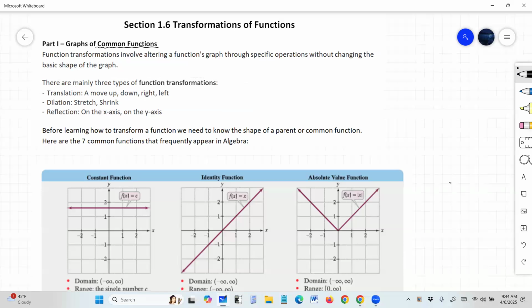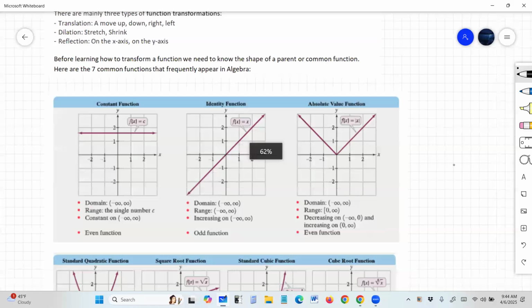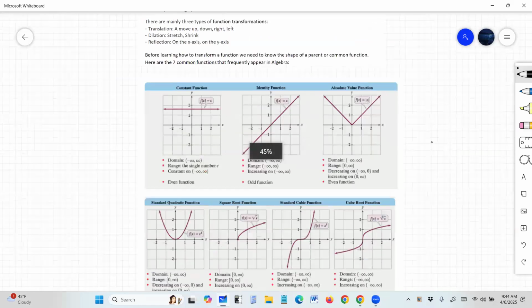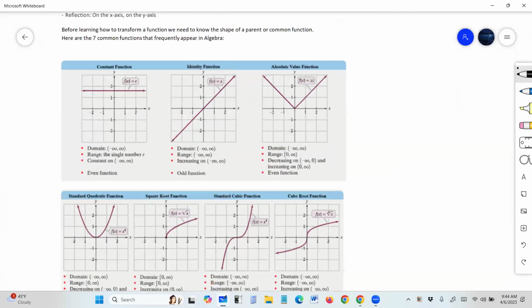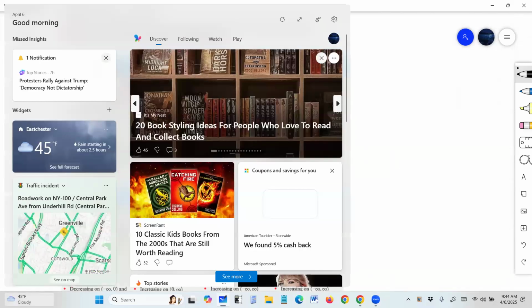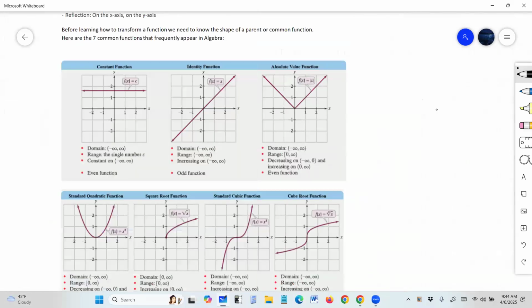Now, here are the seven functions that we have to know in order to do the transformations on the graph. Okay? And by the way, just keep in mind that even though we're showing you seven functions, usually the constant function or the identity function, we don't need transformations.